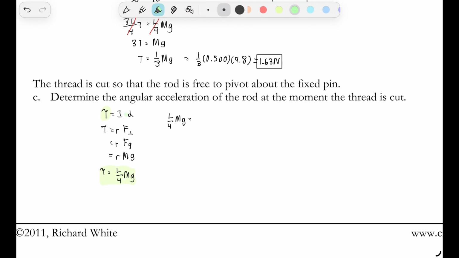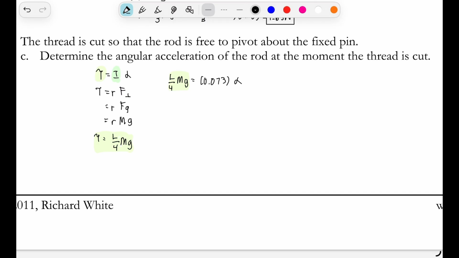I use a different color for this, blue or green. We found our I up here, and we want to plug that in there. So our I was 0.073 times our angular acceleration. Now we want to solve for alpha. If we plug in everything else, our length was 1, divided by 4, times mass of 0.500, times our gravity 9.8, is equal to 0.073 times our angular acceleration.